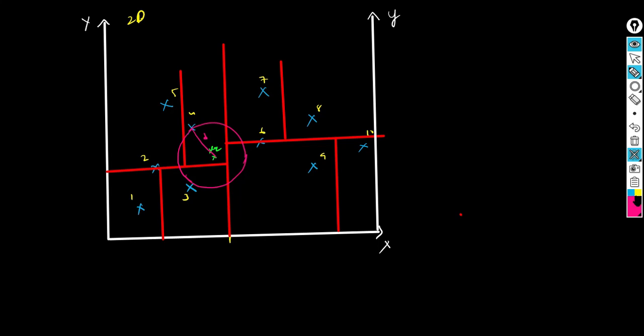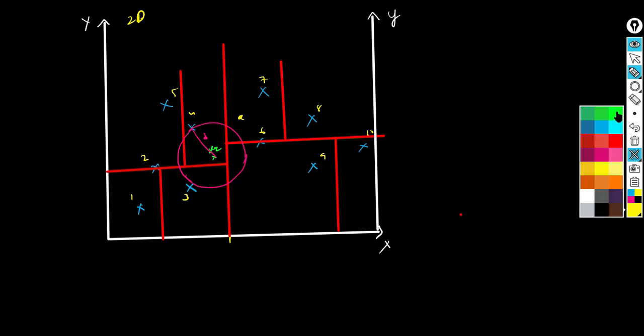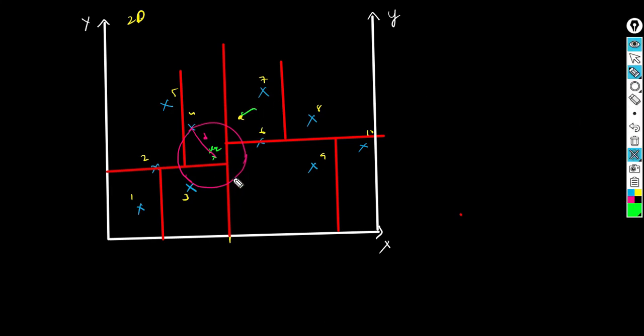Now this circle is touching this space, and I will use a different color. It's touching this space, this, and this. We have 4 spaces it is touching, and we will find the distance from the points in these regions to this query point.